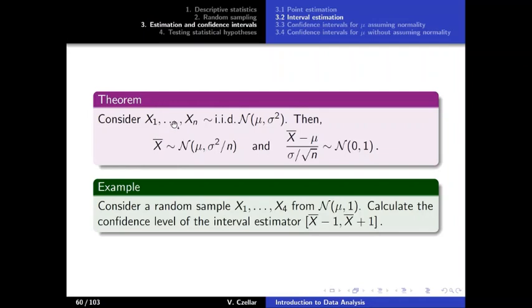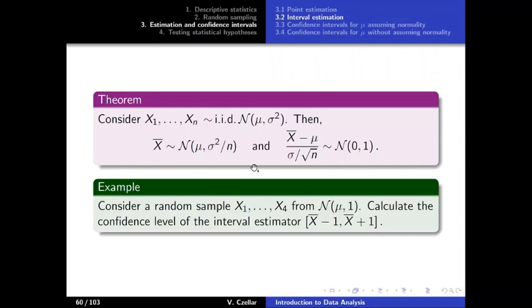So if we have a random sample from a normal distribution, then the sample mean is also normally distributed, and the mean parameter is also mu, but the variance changes. It decreases. It goes to sigma squared divided by n. And now, another nice result is that we can standardize it, meaning that I center it, I subtract mu, the mean parameter, and divide by the standard deviation. Standard deviation is the square root of the variance, right? Then I get a standard normal variable.